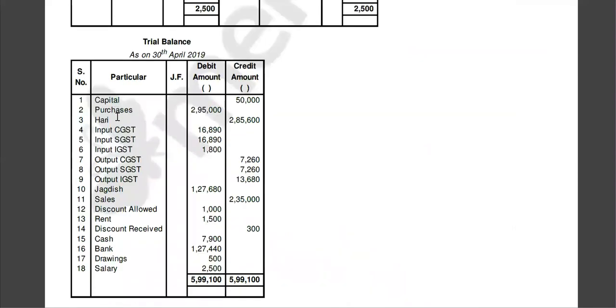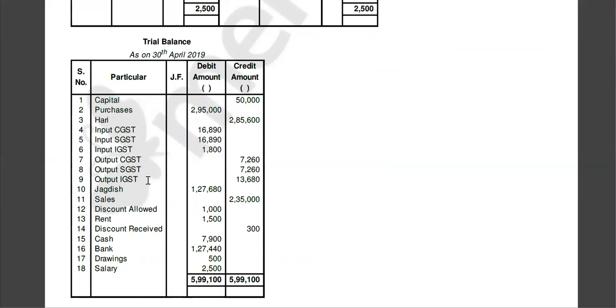Hari playing credit role, so 2,85,000. The same way, input CGST, input SGST, you have to place debit side. Output CGST, output SGST, you have to place credit side. So here Hari, input CGST. The next one is output CGST, credit side.